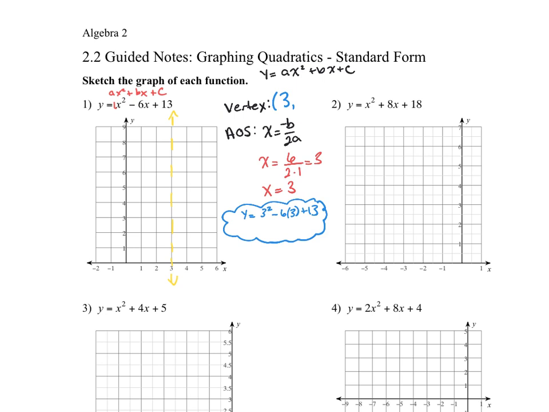I'm not going to write that out because I'm running out of room. 9 minus 18 plus 13 gives us 4. So our y value here is 4. So we're going to graph the point 3, positive 4. That is our vertex.